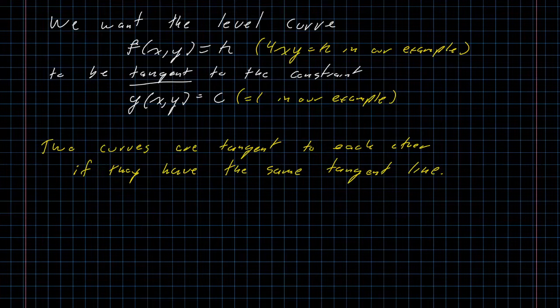That's something that we can guarantee from the setup that has gotten us this far. All right. So another way of thinking about that is that we need to have the tangent lines in the same direction.